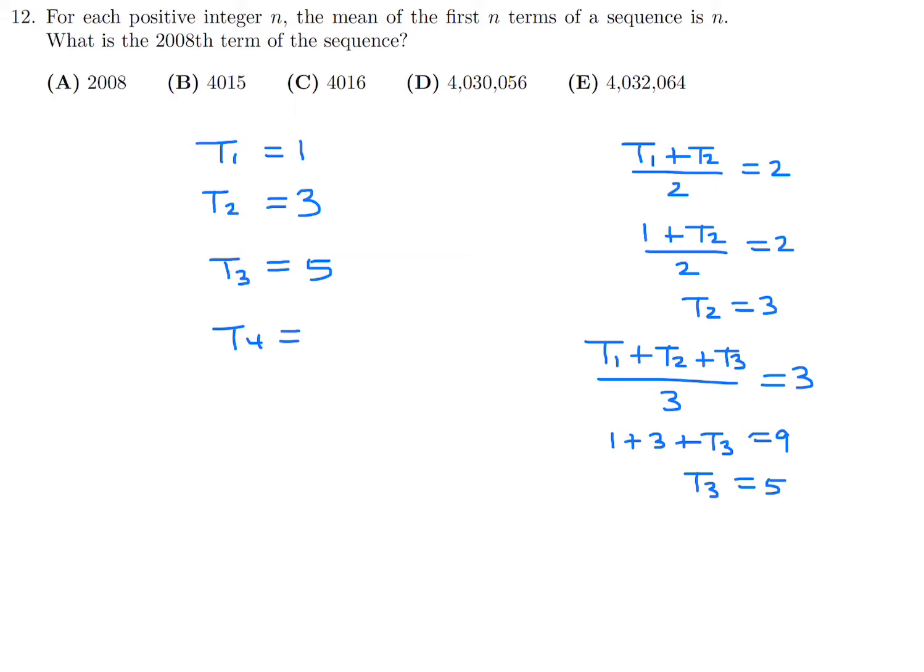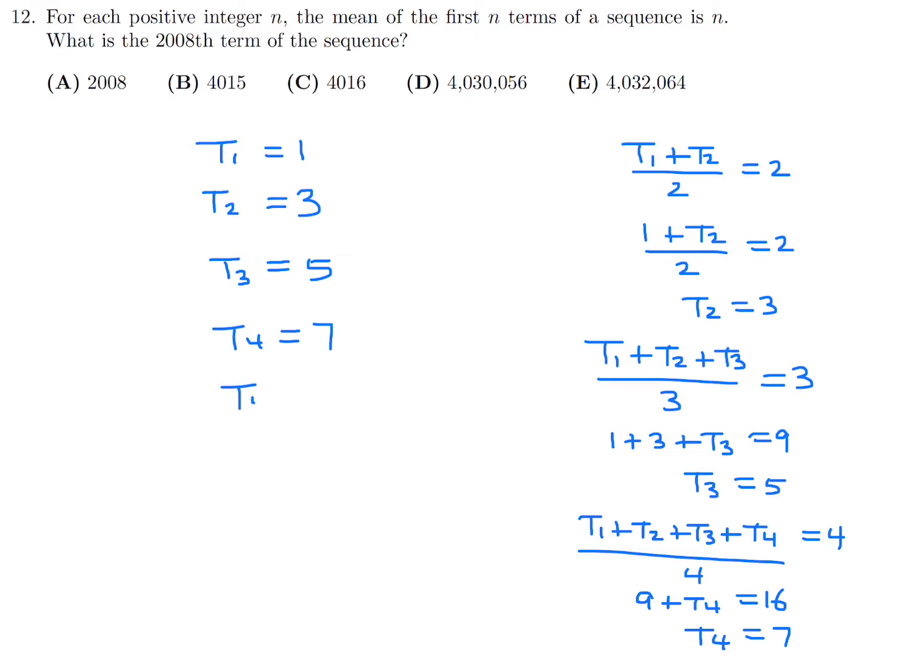The mean of the first four terms, t1 plus t2 plus t3 plus t4, is equal to 4. So that means we've got 1, 3, and 5, so that's 9 plus t4 is equal to 16, and therefore t4 is equal to 7.